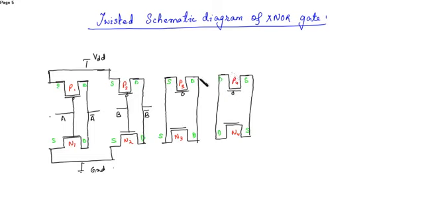You know that the drains of the transmission gate are connected to each other, and that gives the output Y. These are the inputs, so we'll see what inputs are given here. So this is A. A is given as the input to this. Okay, so you have to connect the gates also. This is connected.